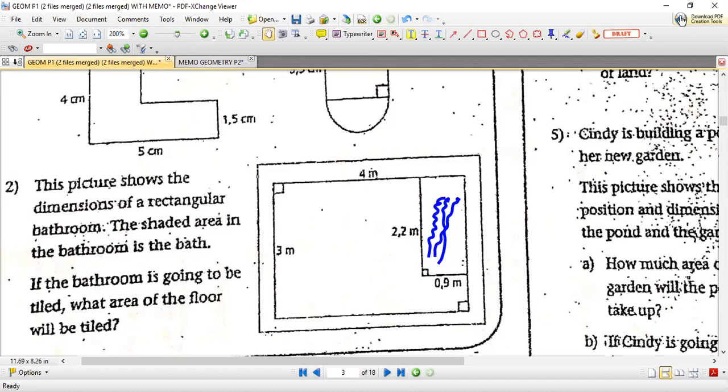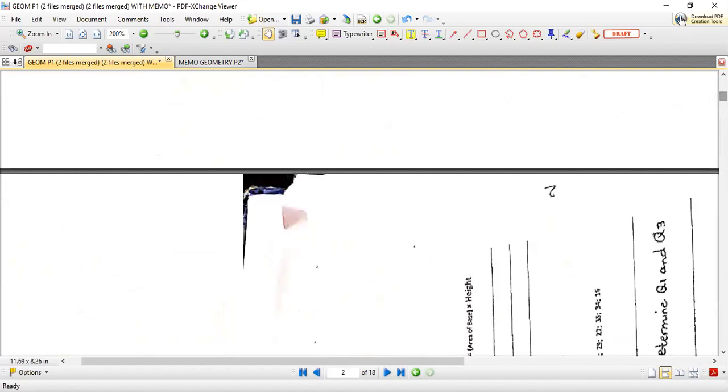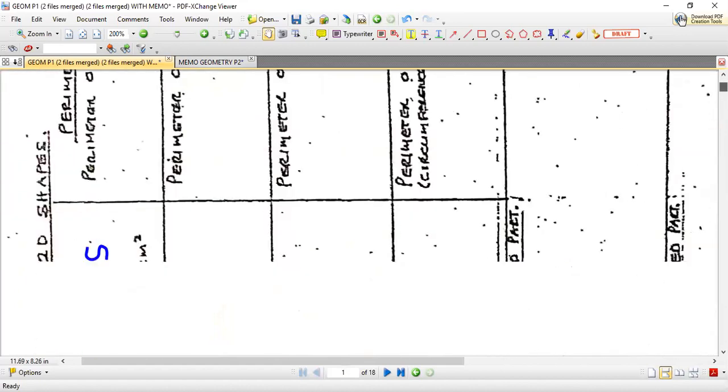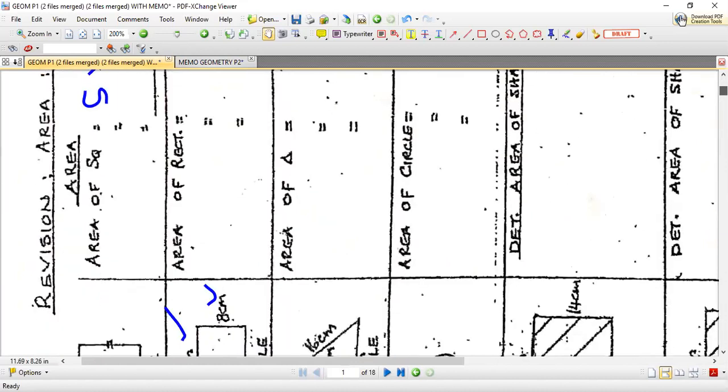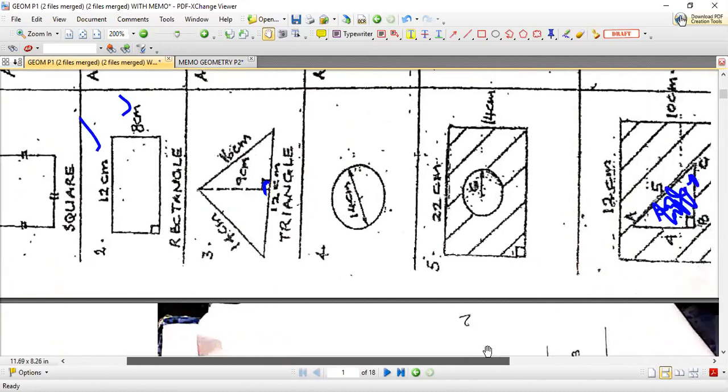Now, if you recall, going back to worksheet 1, we had areas that were within shaded areas where we had to do a subtraction in order to calculate the area of the shaded part.